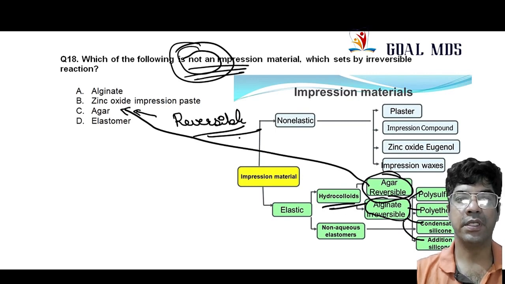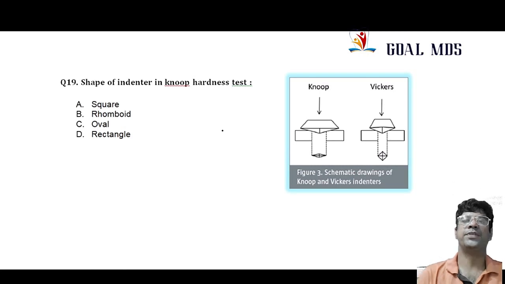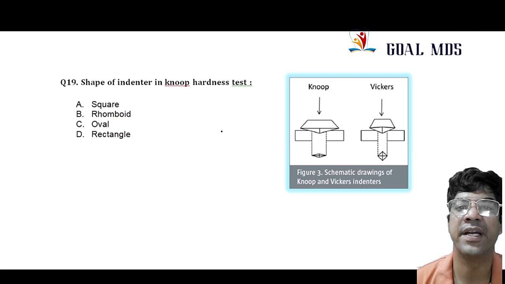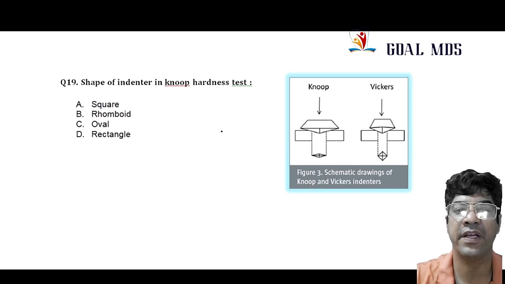Moving to the next question, the shape of the indent in Knoop's hardness test. The Knoop hardness test employs a diamond shaped tool that is cut in a geometric configuration.